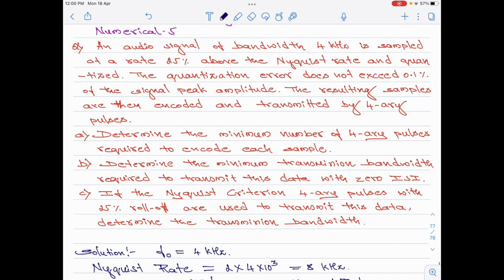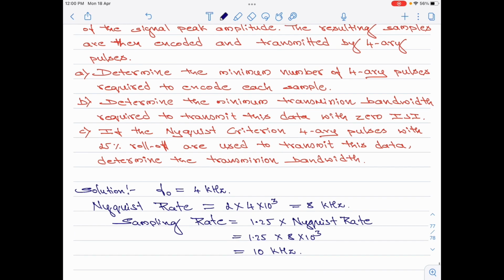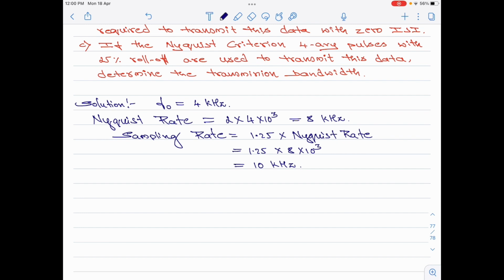Coming to the second sentence, you note the quantization error is said to not exceed 0.1% of the peak signal amplitude. Let us now find out an expression for quantization error.